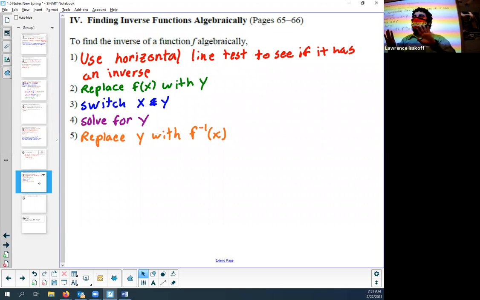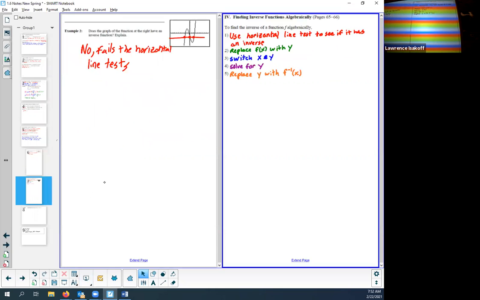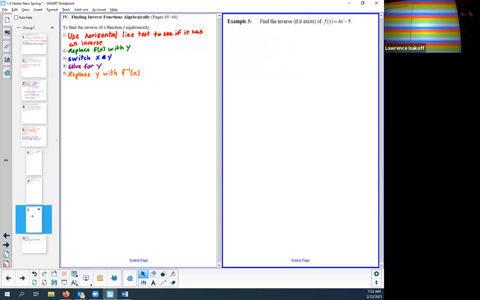Then I'm going to switch my x and my y values. So switch x and y, then solve for y, and then replace that with f inverse. So let's keep this dual screen display. This way I can keep the steps right next to it with finding the inverse of this.